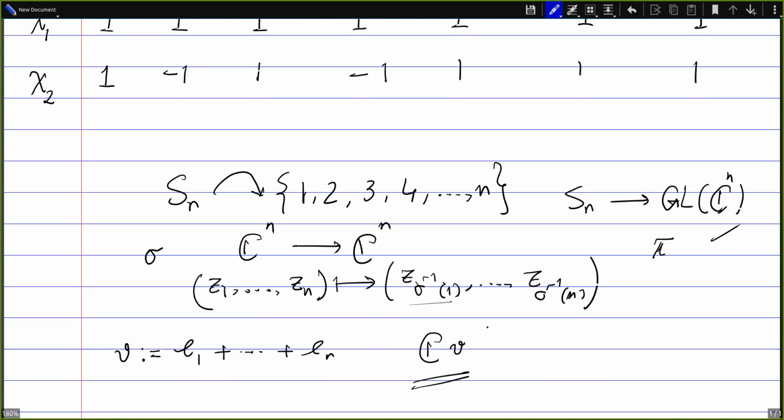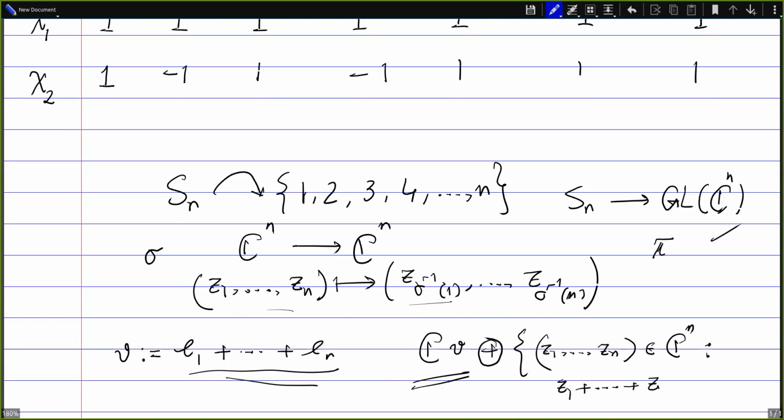Once a unitary representation is there, the orthogonal complement of any invariant subspace is also invariant. Thus it is easy to see that the orthogonal complement of the subspace generated by V is precisely this one. It consists of those tuples in Cn such that Z1 + ... + Zn is just 0.